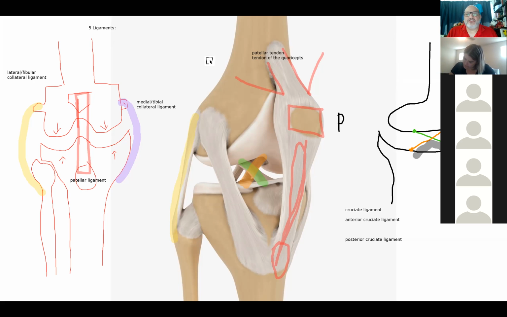And it's their relation with the intercondylar eminence that determines what they are. So in this case, the green one is indeed the anterior cruciate ligament, and the orange one is the posterior cruciate ligament. So it's by their relationship to that intercondylar eminence where they get their name.